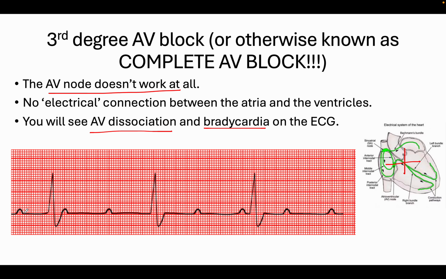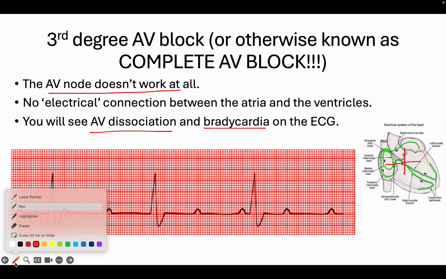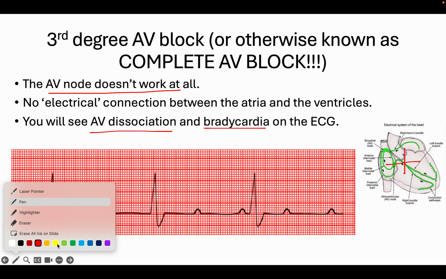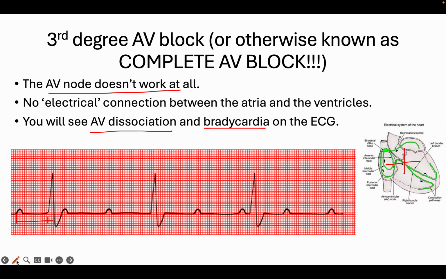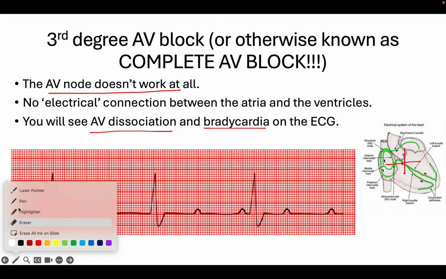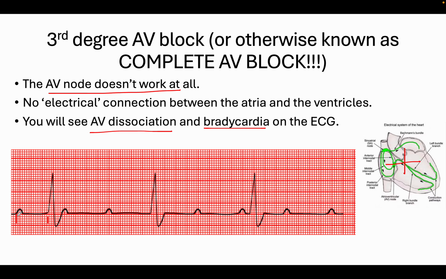Now, you might be thinking, oh, that could be a PR interval there. I apologise that it's in red, even though the ECG is really red. Let me see if I can get a better colour out. You might think, well, there's a PR interval there because that must have conducted down.